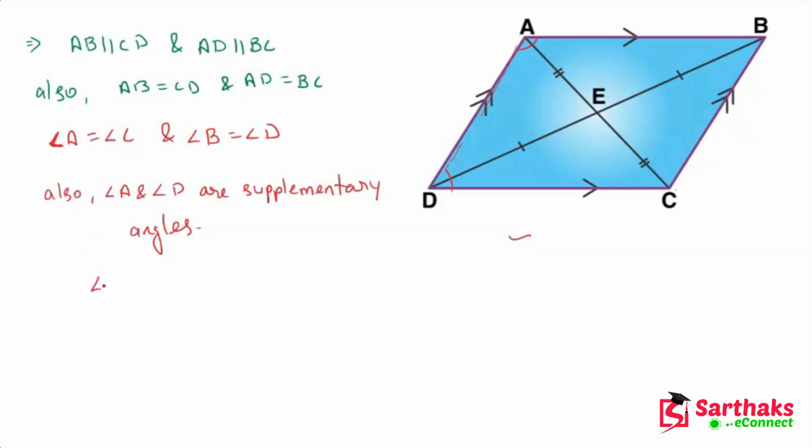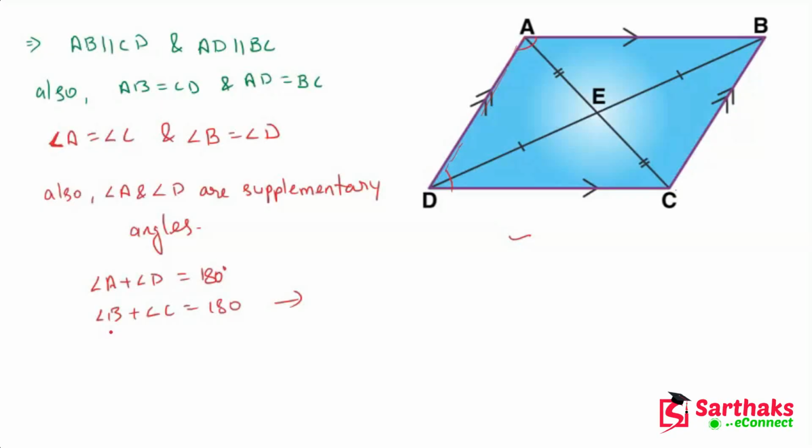So angle A plus angle D is 180 degrees, and this is the property that the sum of the adjacent angles is 180 degrees. Similarly, angle B plus angle C is equal to 180 degrees also, so they are also supplementary angles. I hope you get this point.